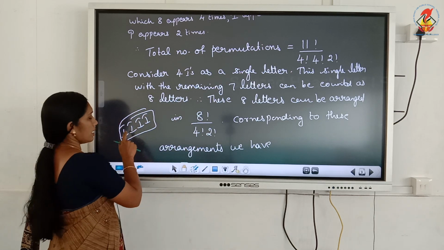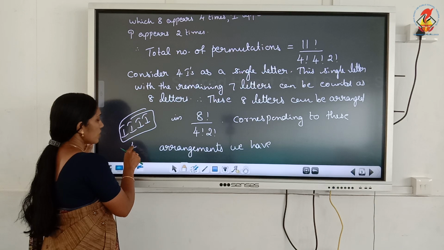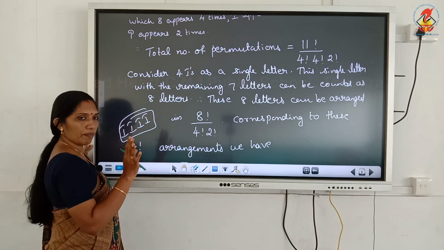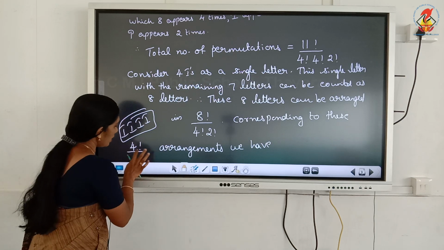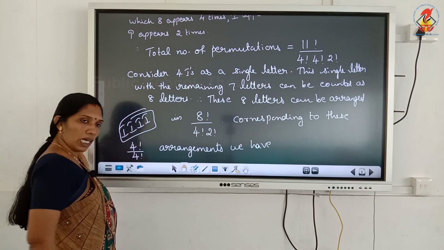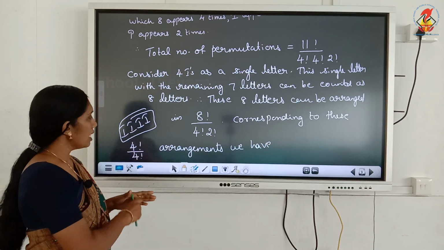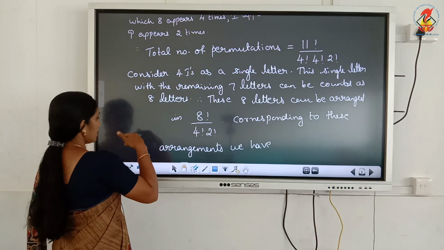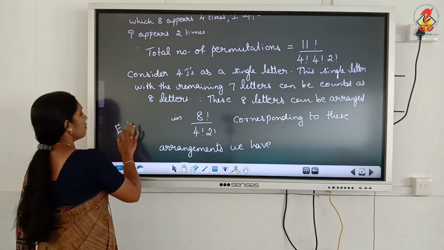There are 4 I's. These 4 I's we can arrange in 4 factorial ways, but all the letters are same. I repeats 4 times, so it is 4 factorial by 4 factorial. Okay. Suppose instead of I, if something else, suppose we have like this.